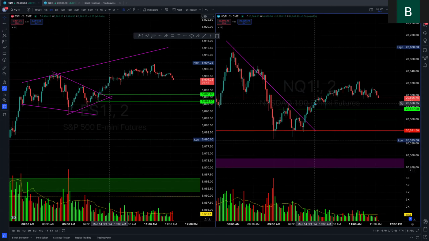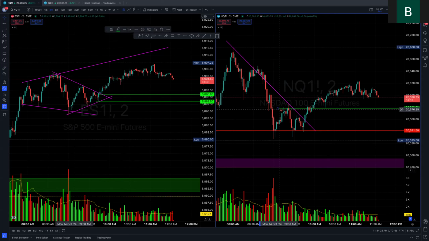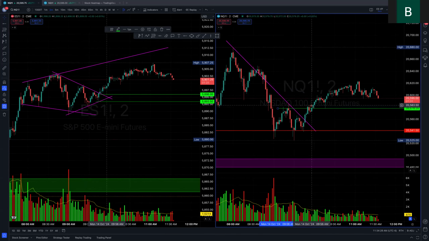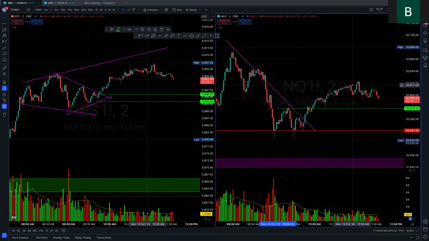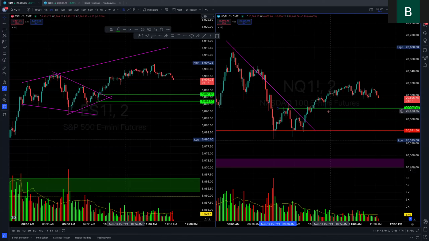You can see how we had a nice push to the upside, then a nice pullback into this area right here, which happens to be one of the lower highs. And here we just confirmed the breakout of the lower high and had a nice retest, and then we just had a really slow move to the upside.